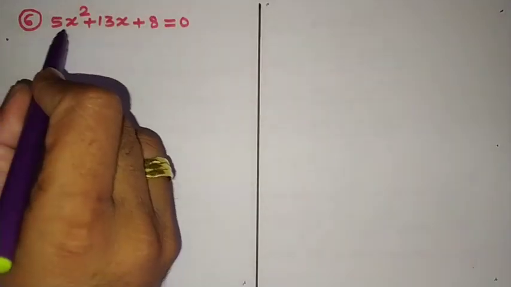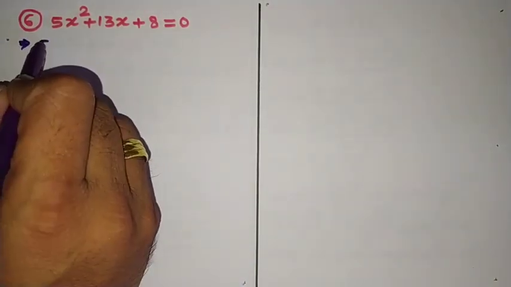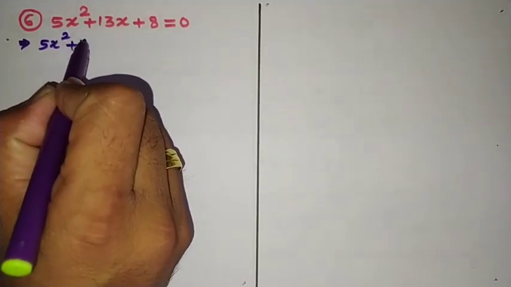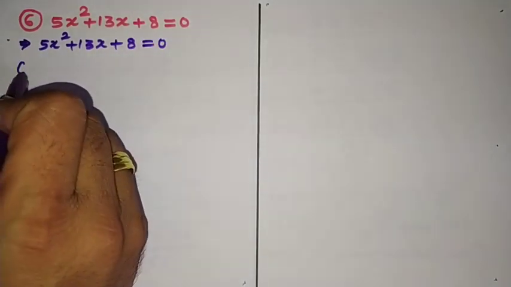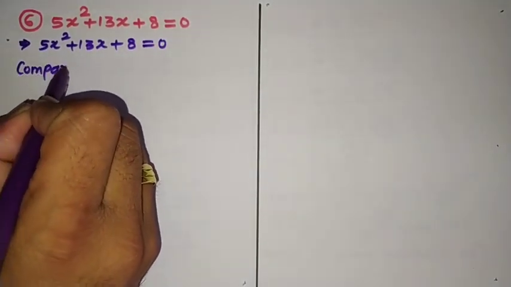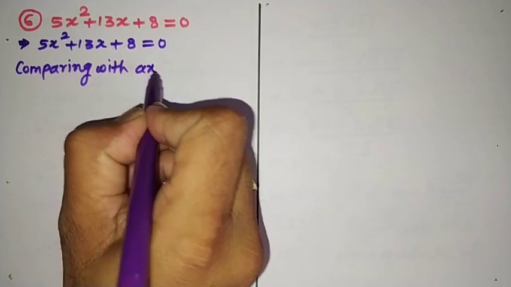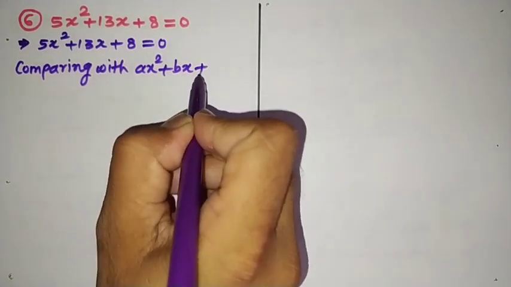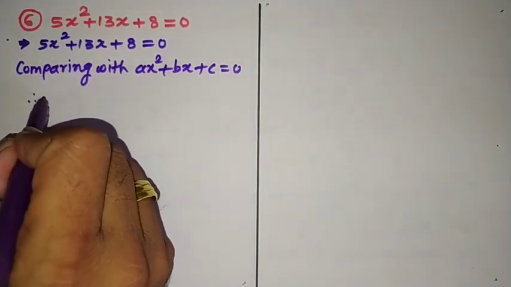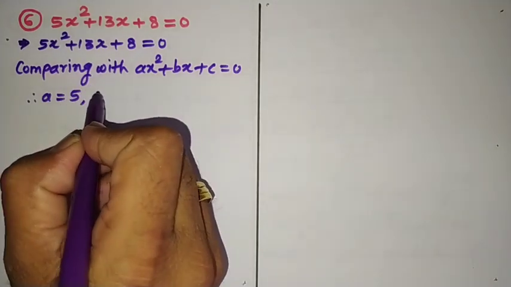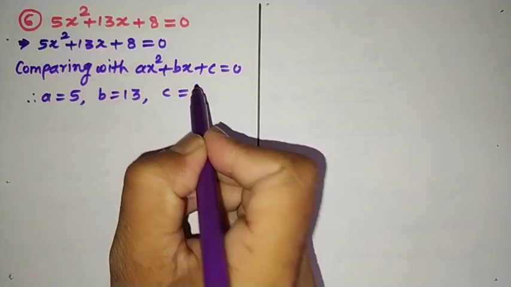Example number 6: 5x square plus 13x plus 8 is equal to 0. Comparing with ax square plus bx plus c is equal to 0, write down the values of a, b, c. a is equal to 5, b is equal to 13 and c is equal to 8.